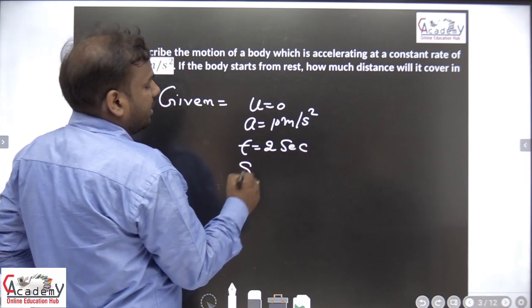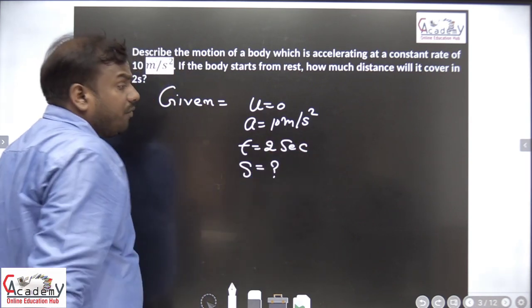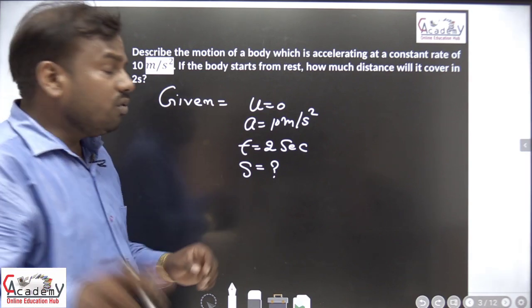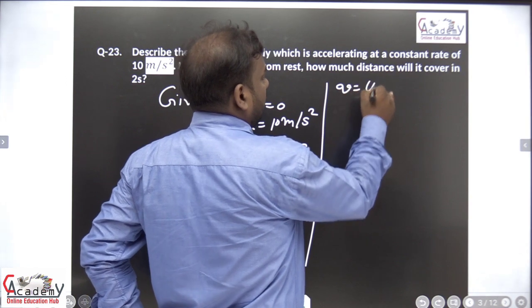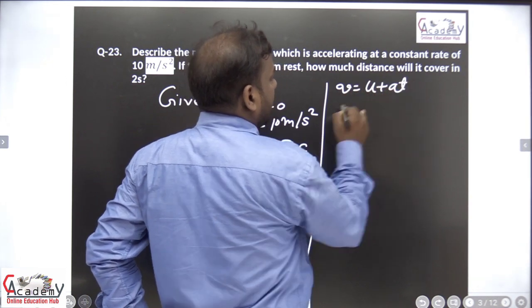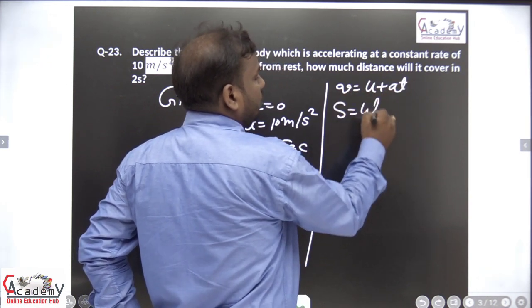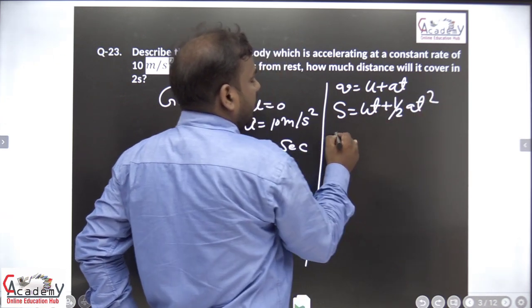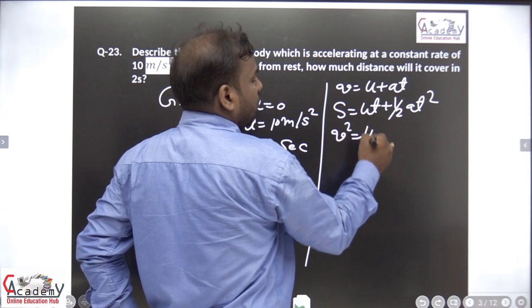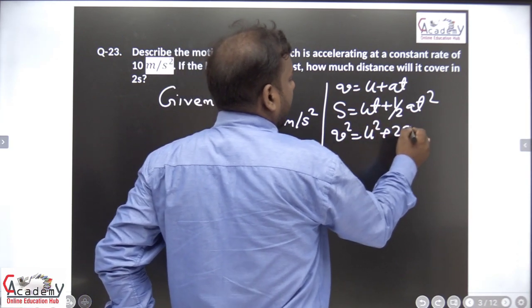Now find the distance. So which equation of motion do you use? We have three equations of motion. First, v is equal to u plus at. Second, s is equal to ut plus half at square. And third one is v square is equal to u square plus 2as.